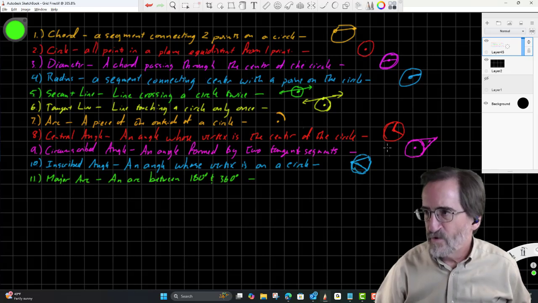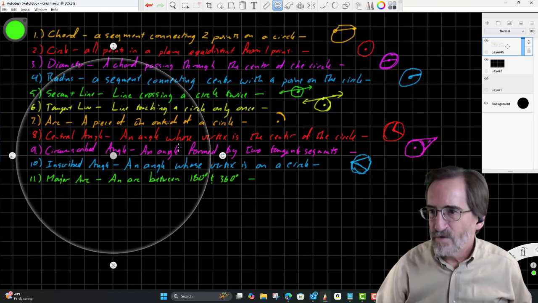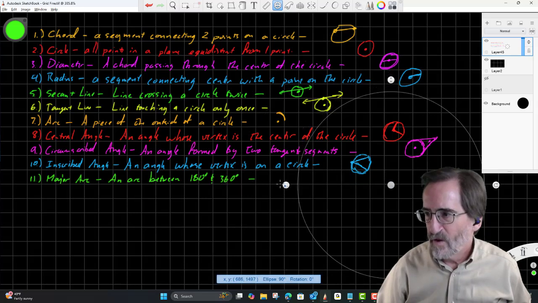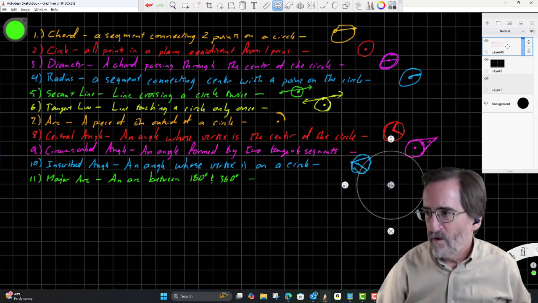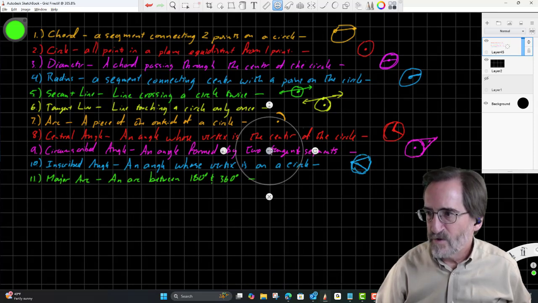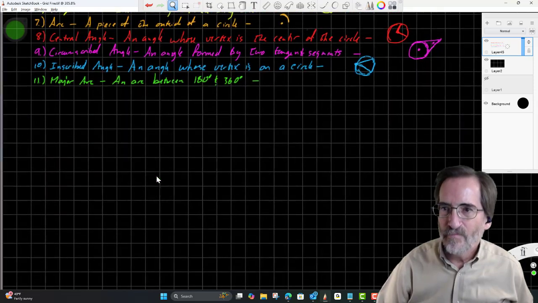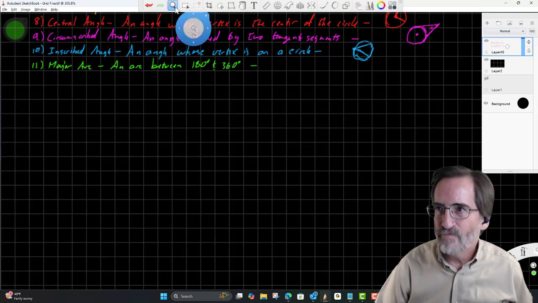Okay, for this one I'm going to grab the circle drawing tool here. And I'm going to also scroll up here because we're running out of room. And we need some room, okay.